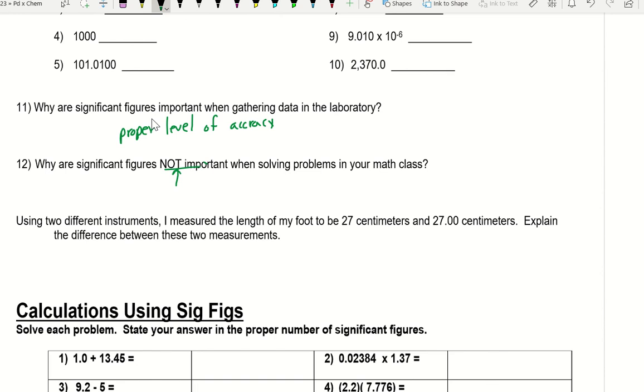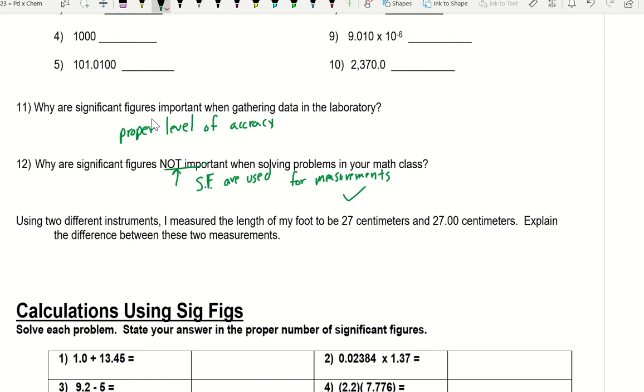Because in the word problem, they'll tell you whether it's a measurement or not. Anyway, sig figs are used for measurements. And the last time I checked, we do make measurements in math class. But I'll leave it at that until that got me riled up.